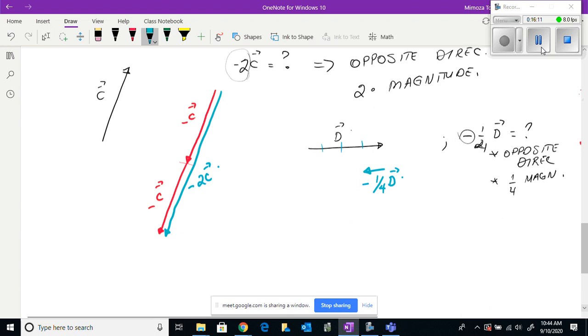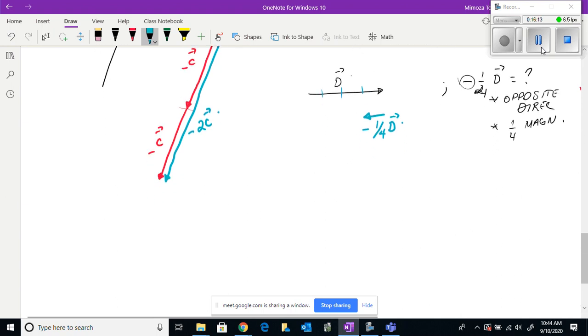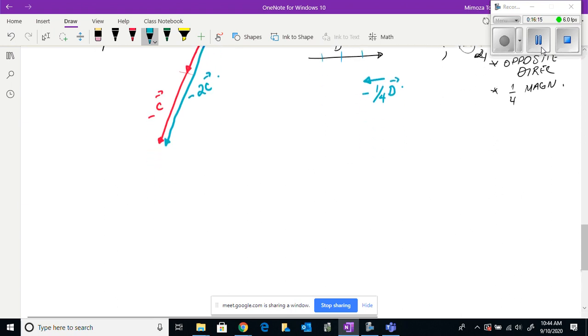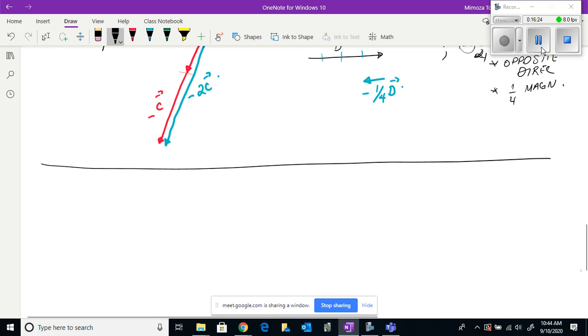Why do we need to know this? Because we may have to add vectors in the same way as we did with components. So let's suppose now that we have a vector A like this, a vector B like this, and a vector C that goes like this.